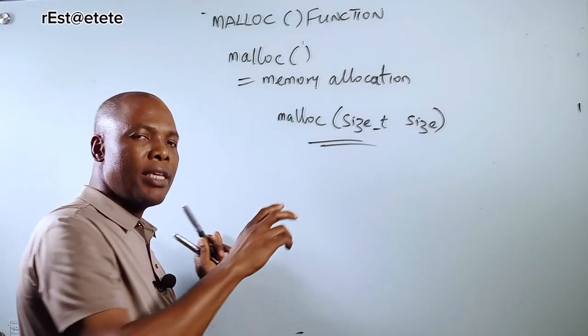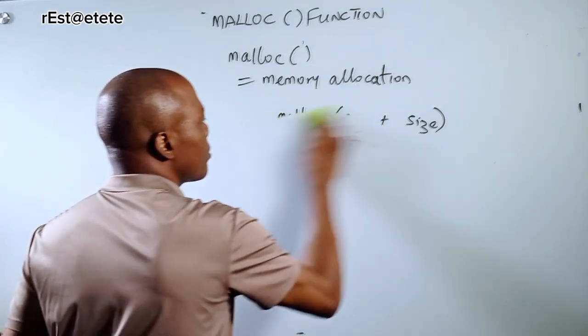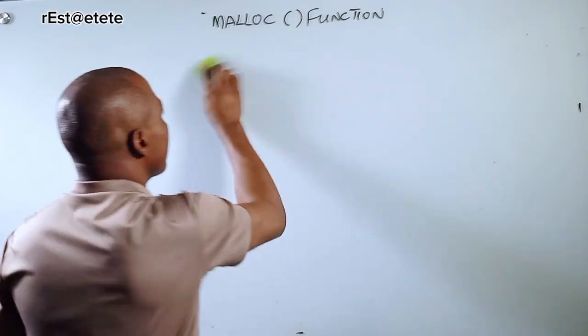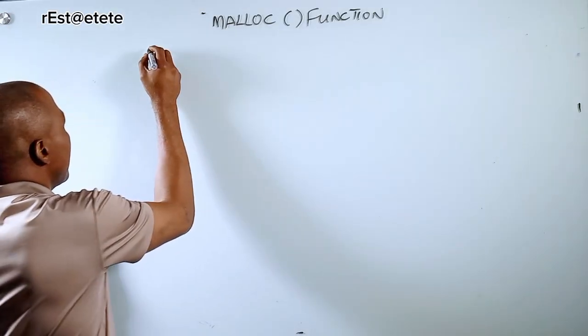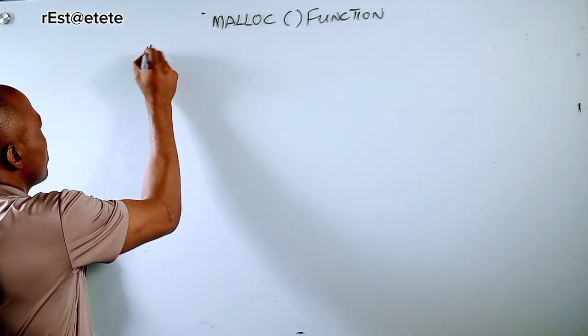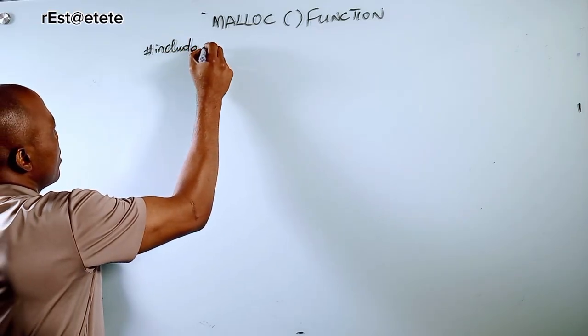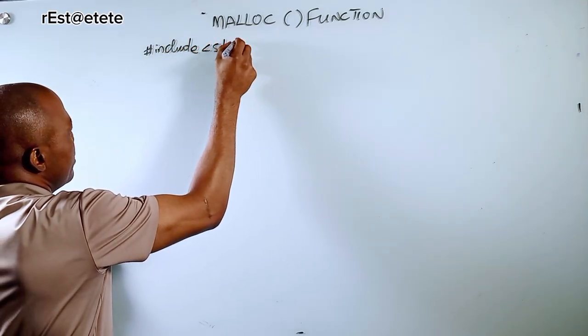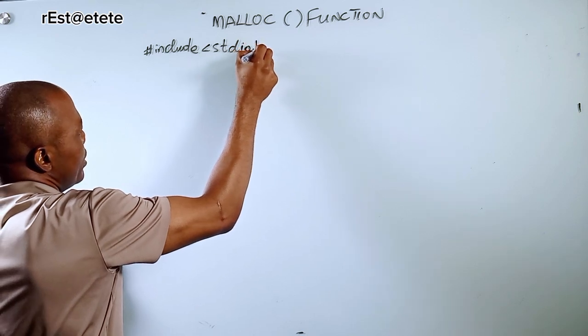So let's write a C code to explain malloc properly. Here I will say include stdio.h.